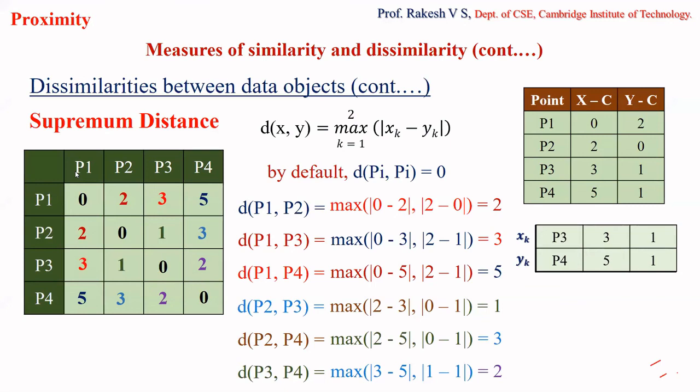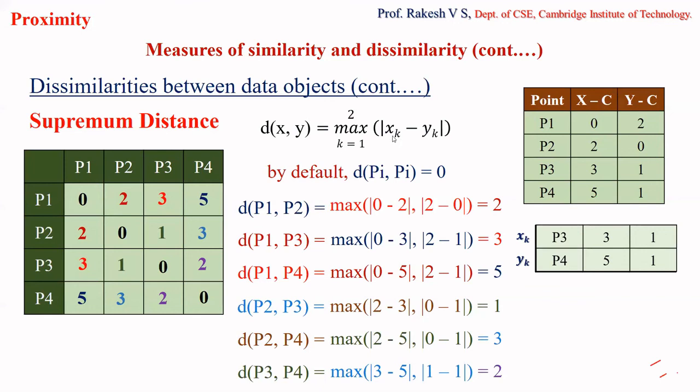And once the session ends today, kindly make sure that you solve this problem again so that it will be very clear for you as to which value you have to consider with respect to xk and yk. Don't get confused with xk and yk as your coordinate values.